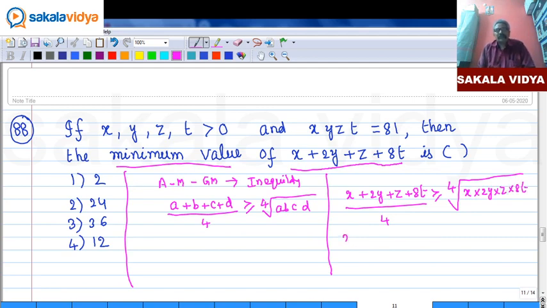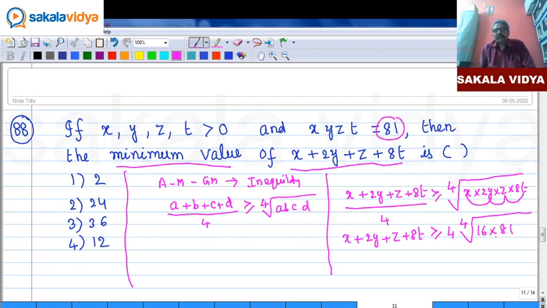So now x plus 2y plus z plus 8t is greater than or equal to 4 times the fourth root of 16 into x into y into z into t, that is 81 given.